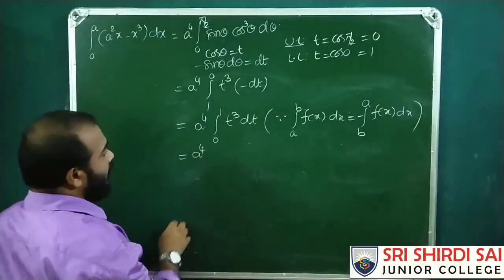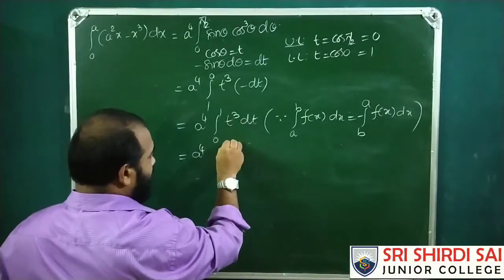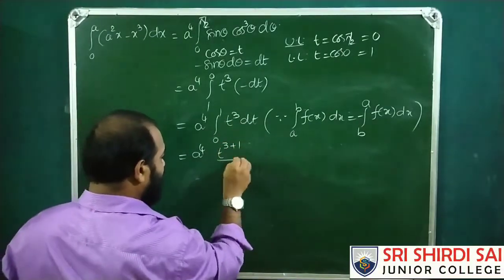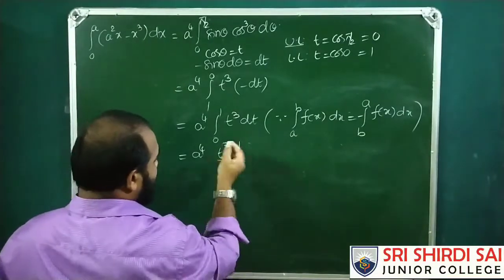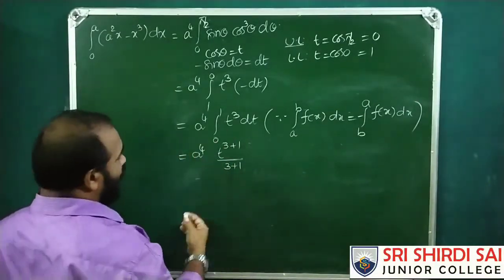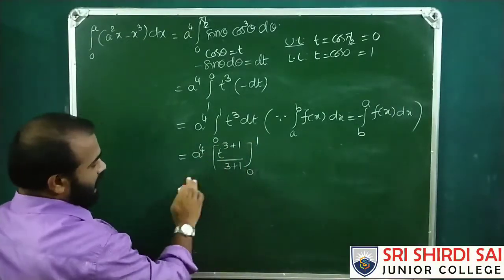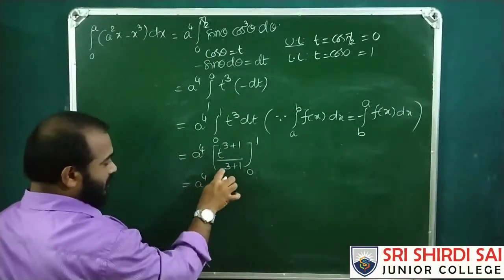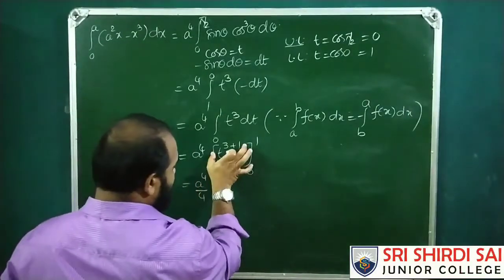A power 4 integral t cube dt is t power 3 plus 1 by 3 plus 1. Since the process of integration is over, here we need to write like this. A power 4, 3 plus 1 is 4, so this is t power 4.